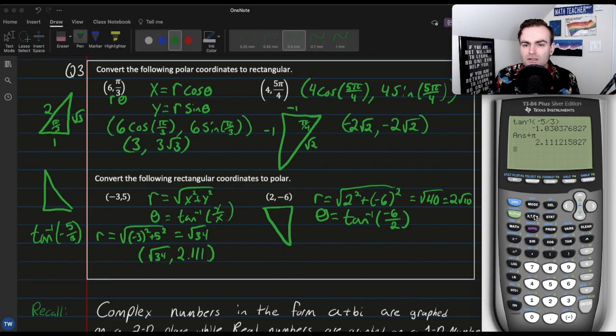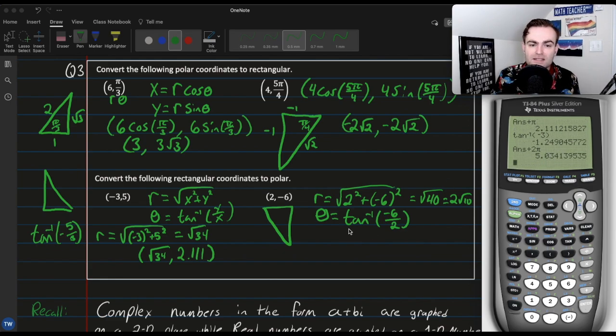So if we do inverse tangent of -3, we get this. Now, we can have negative angles, but if you're on a multiple choice part of an exam or something like that, my assumption would be that they would use something between 0 and 2 pi. So how do I get this back to between 0 and 2 pi? I add 2 pi to it. So I'm going to add 2 pi.